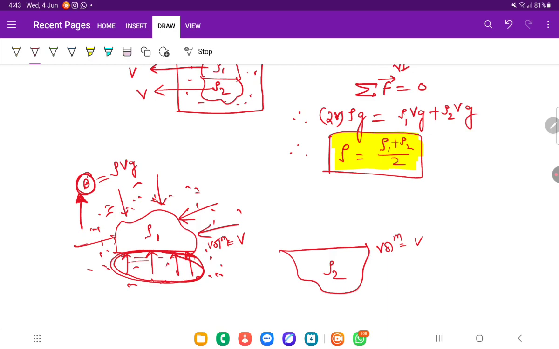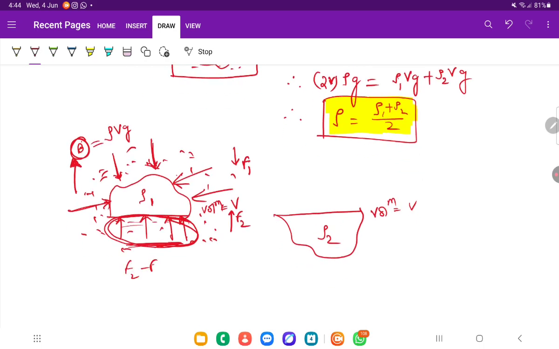So let's say this upper surface's hydrostatic force will sum up to a force of F1 in the downward direction, and the force acting on the horizontal surface is, let's say, F2 in magnitude. So F2 minus F1 would have been the net buoyancy force, that is rho Vg, but here F2 is absent, right? So the buoyancy force will not be rho Vg anymore, it will be something else.